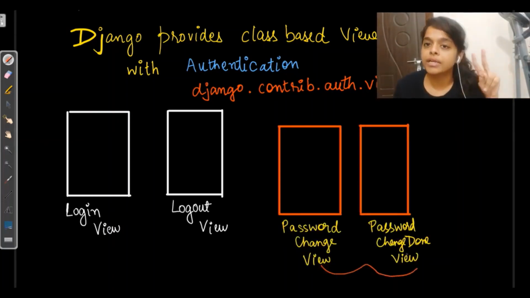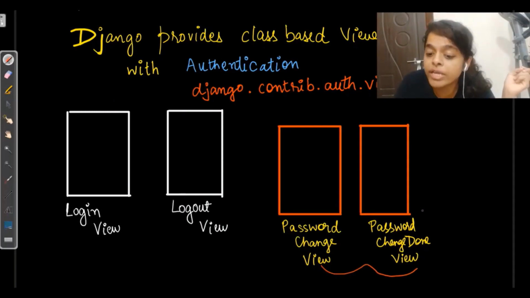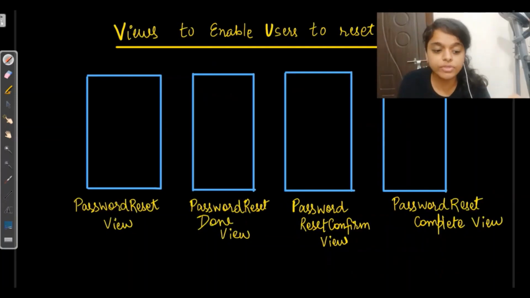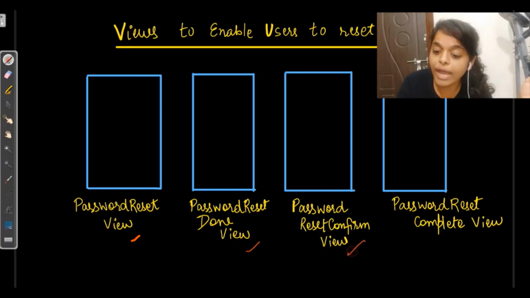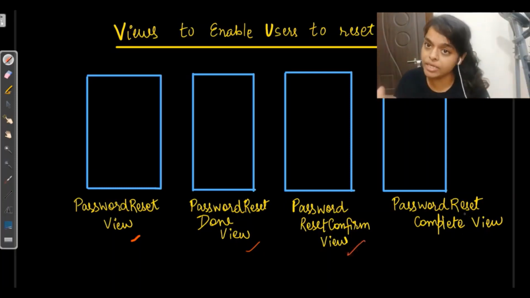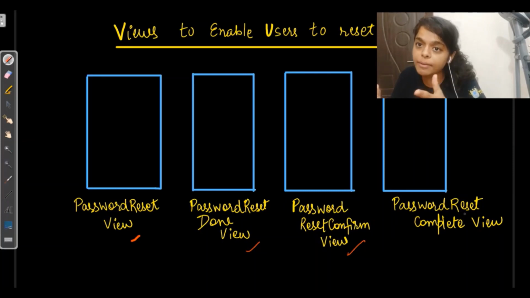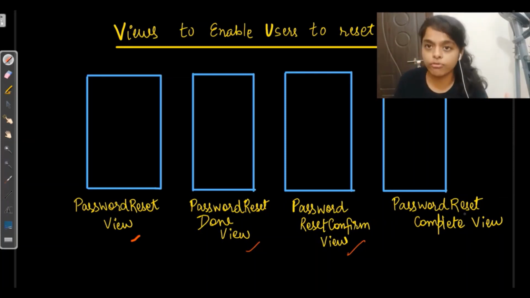Here we'll be creating two views for password change: one for the change, and a separate view for when the password change is done. Thereafter we will see the password reset view, password reset done view, password reset confirm view, and then the password reset complete view. So we'll be creating separate HTML pages for all of them.